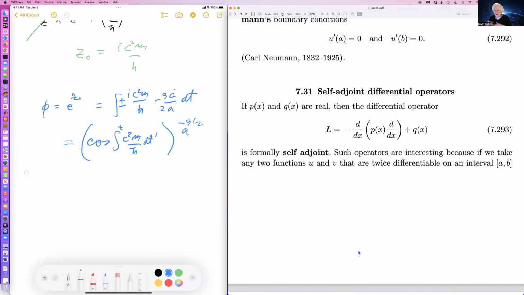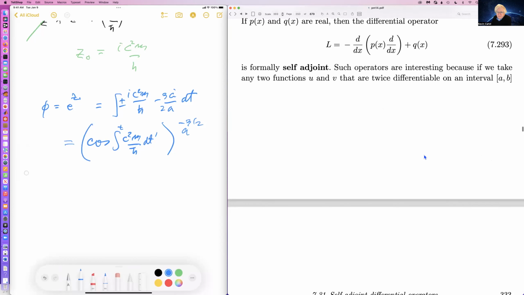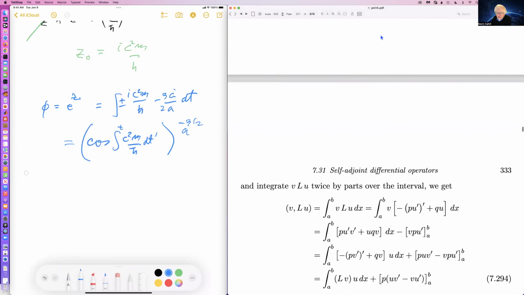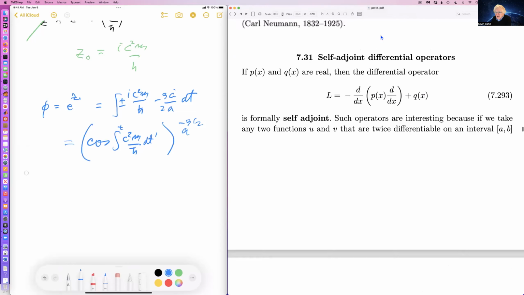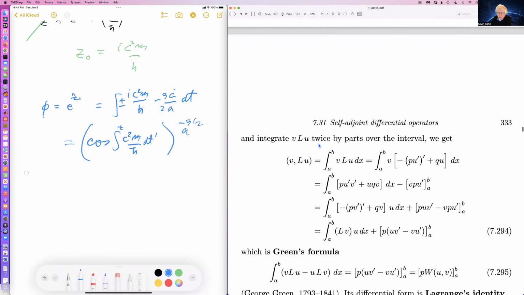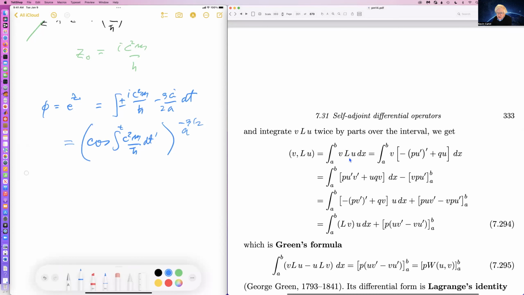And there's another feature of these differential operators that are formally self-adjoint, formally meaning that the differential operator looks like this. And the one interesting thing about these is that if we let L operate on a function U and then multiply from the left by V, we have this expression here.